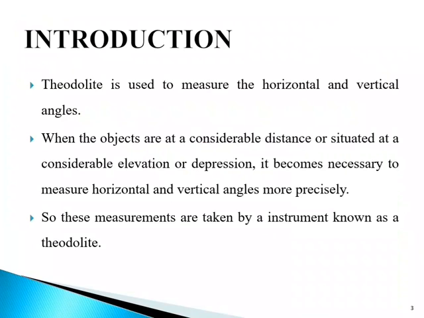It is used to measure horizontal and vertical angles when the objects are at a considerable distance or situated at a considerable elevation or depression. It becomes necessary to measure horizontal and vertical angles more precisely. So, these measurements are taken by an instrument known as a theodolite.